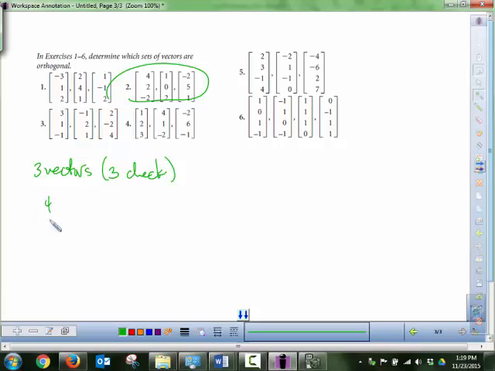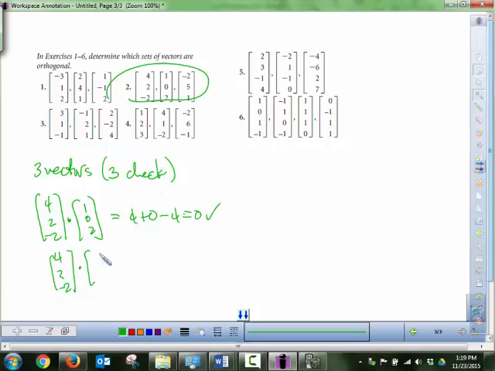So 4, 2, negative 2, dot that with 1, 1, 0, 2. So that's 4 plus 0 minus 4. That's equal to 0. So that's 1 check. And then now we do 4, 2, negative 2 dot that with the third one, negative 2, 5, 1.